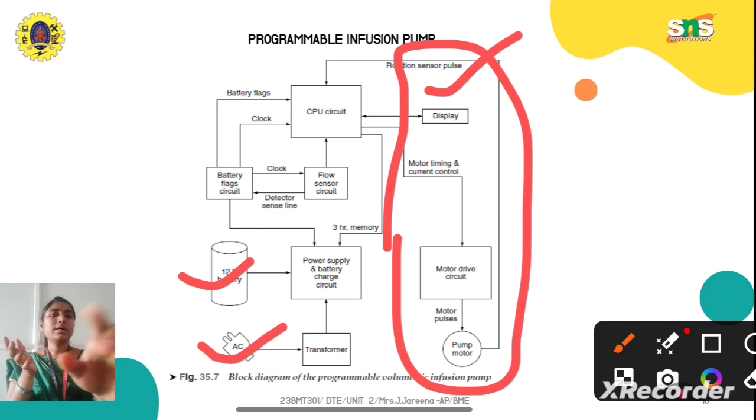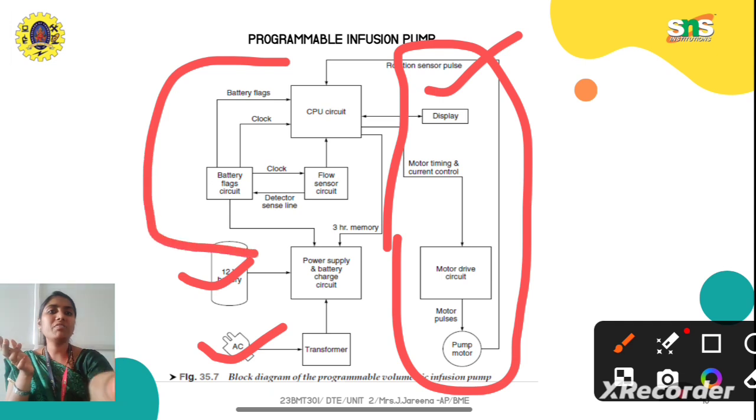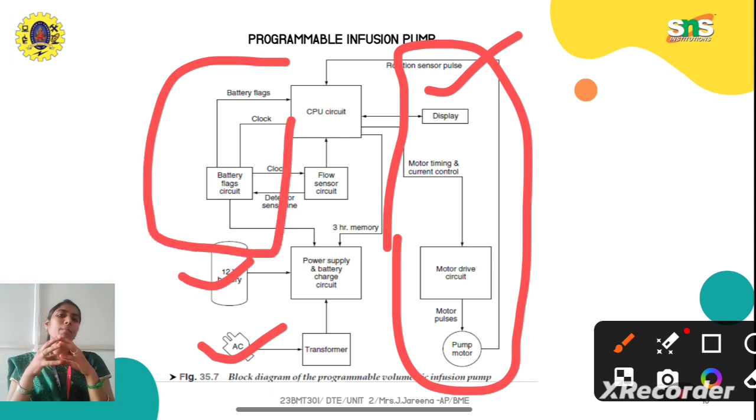On the other hand, we have the battery flag circuit. This circuit keeps giving information about the health status of the battery, whether it is low, medium or high, and according to that, the CPU unit will give an alarm.